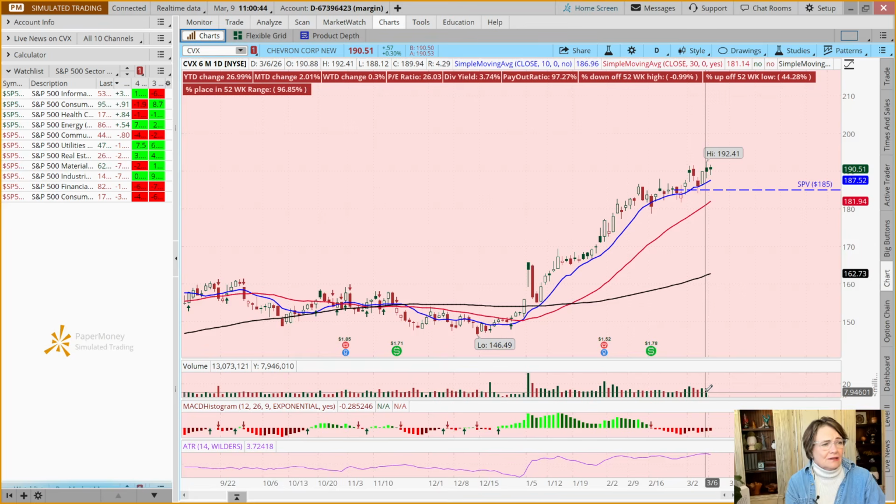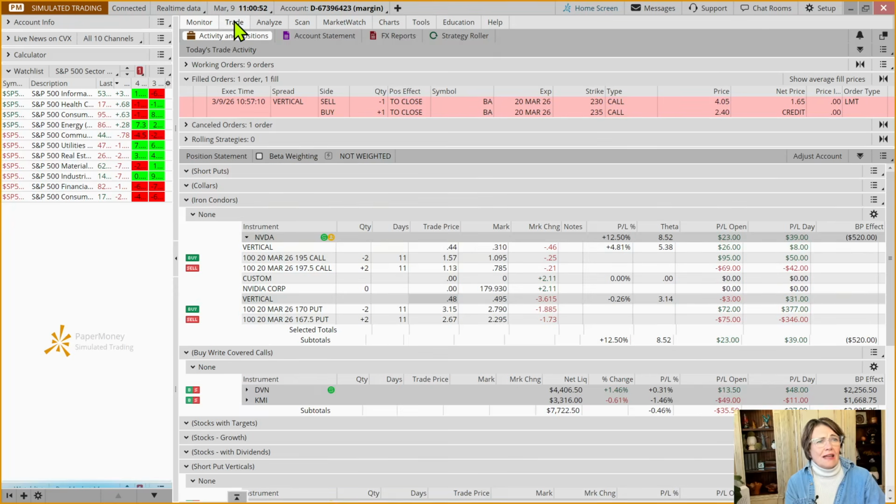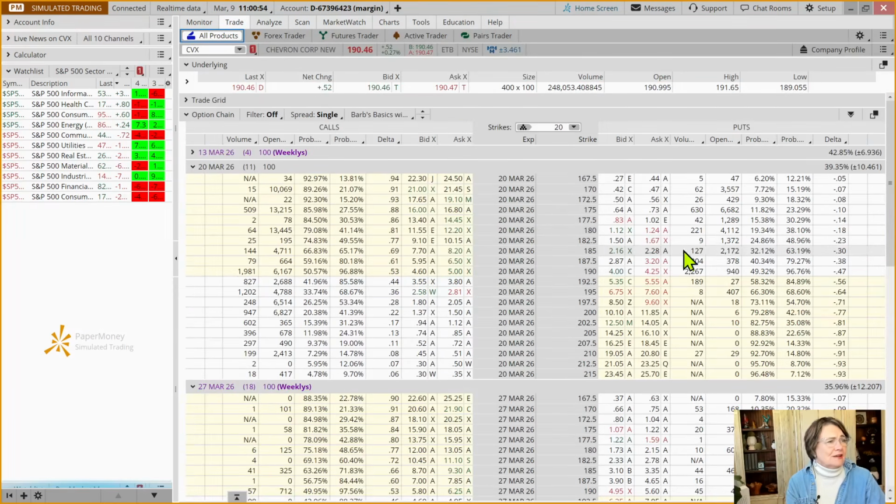What's it saying for today? Well, I'm not seeing today's volume yet. But it's a heavily traded stock. And when we look at this 185, we have over 2,000 contracts and a bid-ask spread that's just over 10 cents.